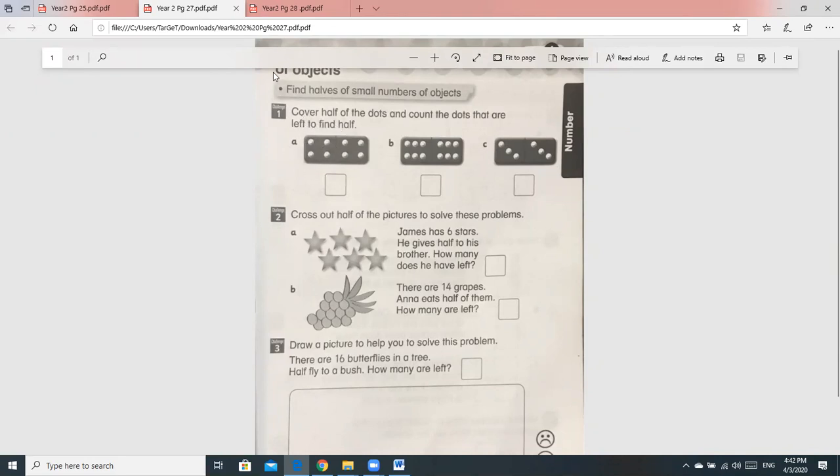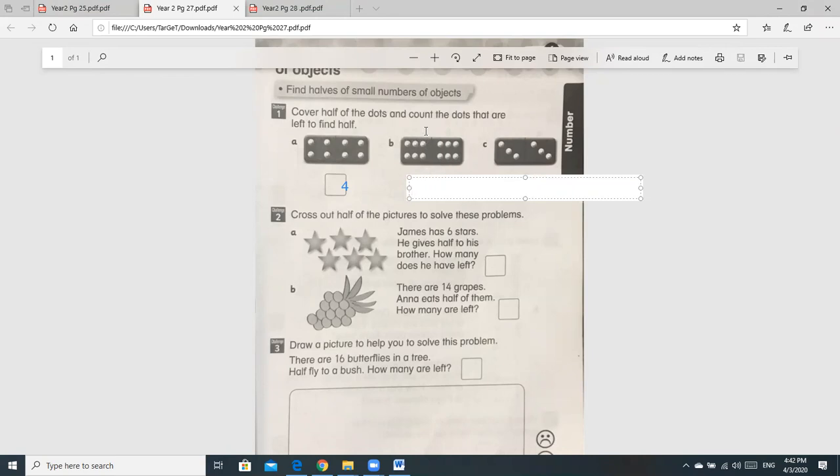So what's half of 8? 4. What's half of 1, 2, 3, 4, 5, 6, 7, 8, 9, 10, 11, 12? What's half of 12? It's 6.